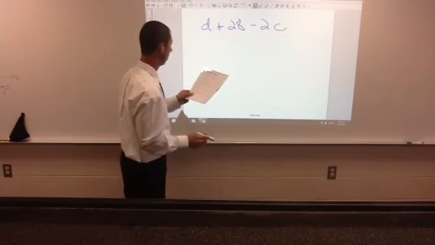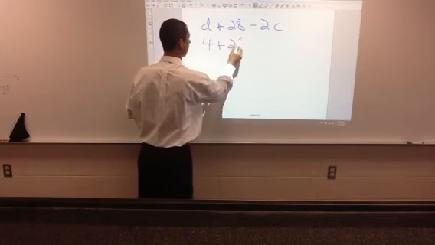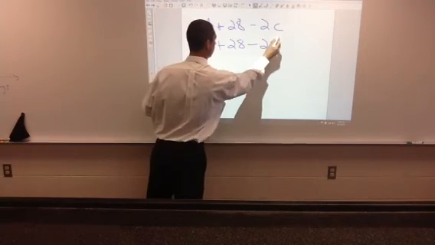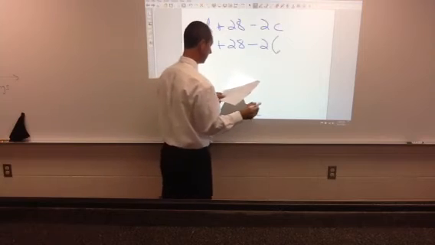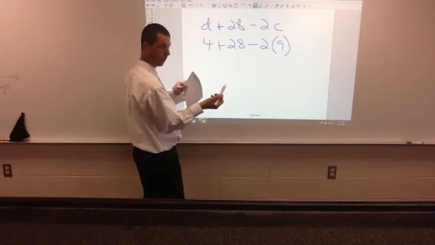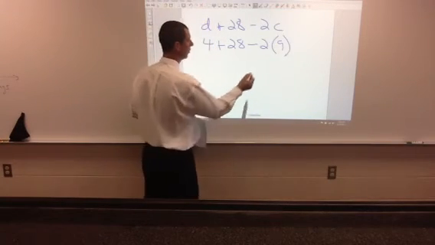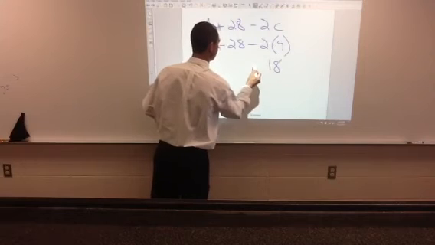All right, so once again, D was 4, we'll put 4 in here, plus 28, minus 2, and C is, once again, 9. Now I've got to perform order of operations. I've got addition, subtraction, and multiplication. Multiplication first, so 18 here.